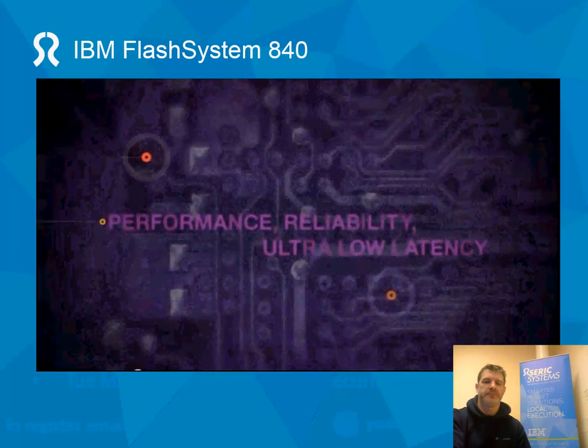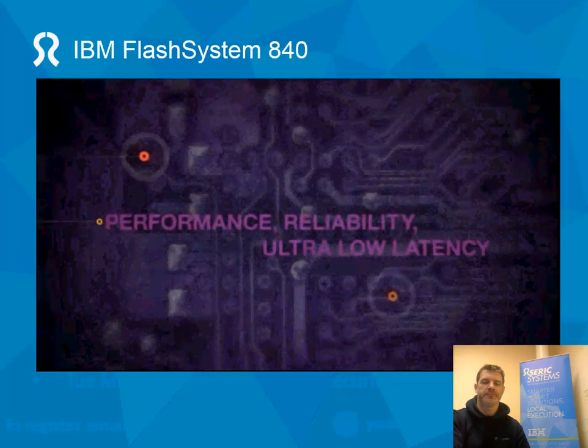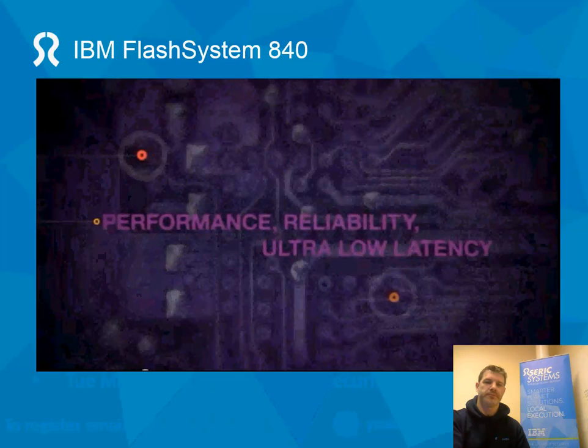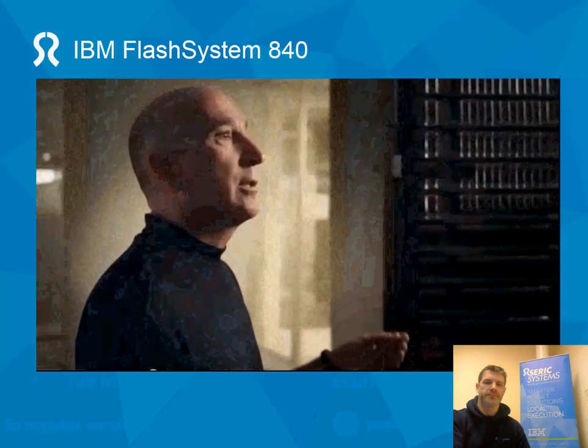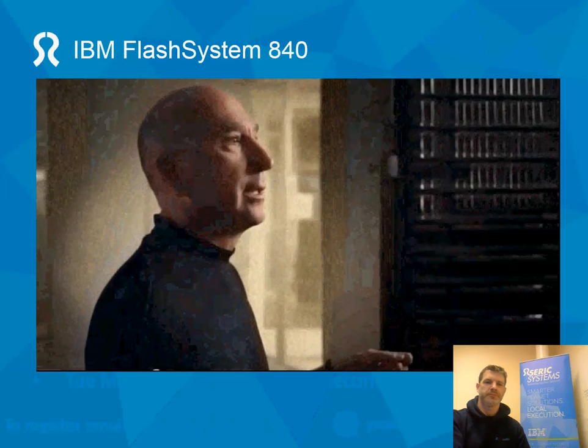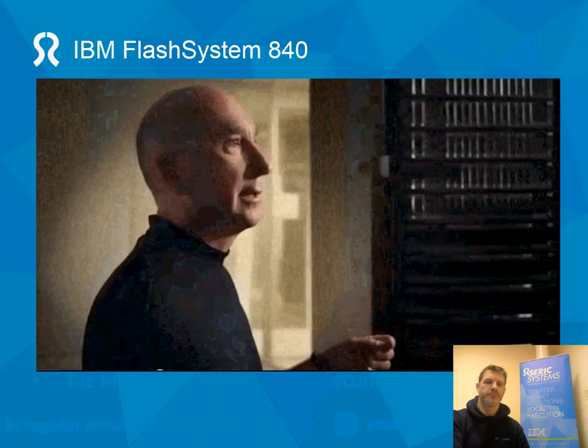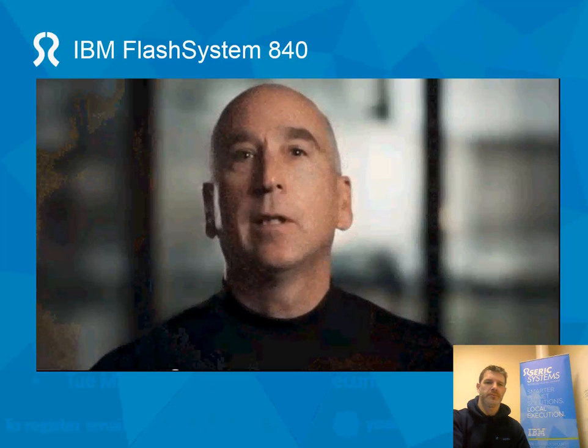Flash System 840 offers leading performance, reliability, and ultra-low latency. Flash System V840 adds the full spectrum of enterprise management and feature-rich storage services. Together, these IBM systems provide multiple options for attacking high-velocity data requirements, removing performance bottlenecks, and increasing productivity.